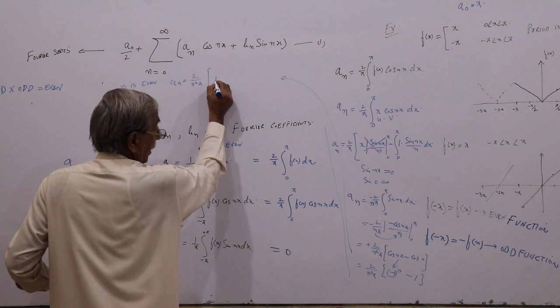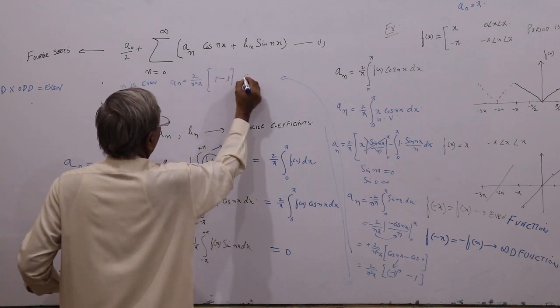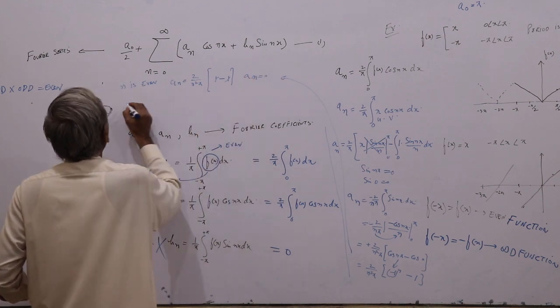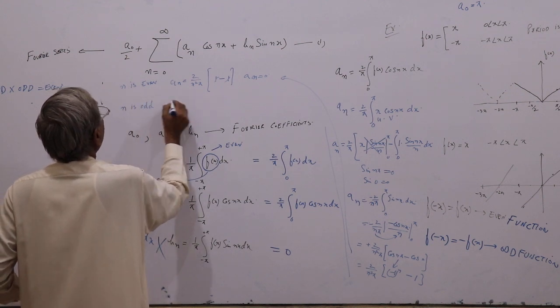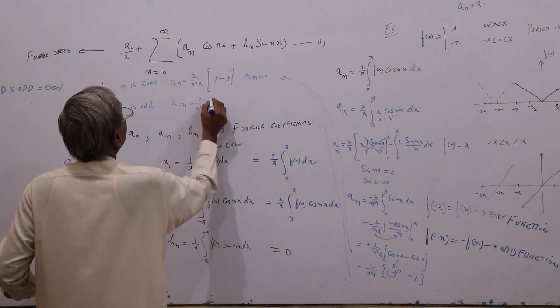This will be plus 1, this will be minus 1, and an is equal to 0. But for n odd, an is 2 over n square pi.